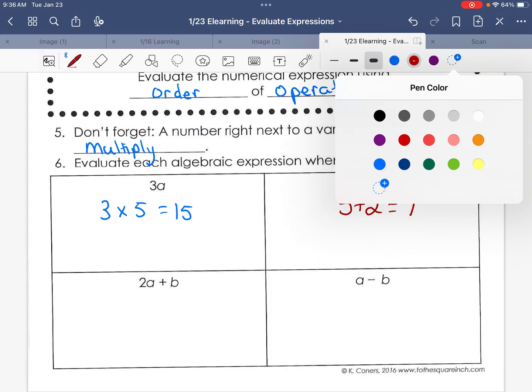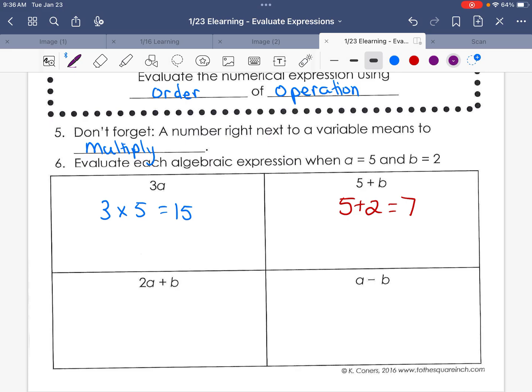So now we are going to take a look at 2a plus b. Again, we're going to substitute our values in there and rewrite it. a is equal to 5, so we're going to put our 5 in there. It's going to be 2 times 5, because a number right next to a variable means we're multiplying, plus b.